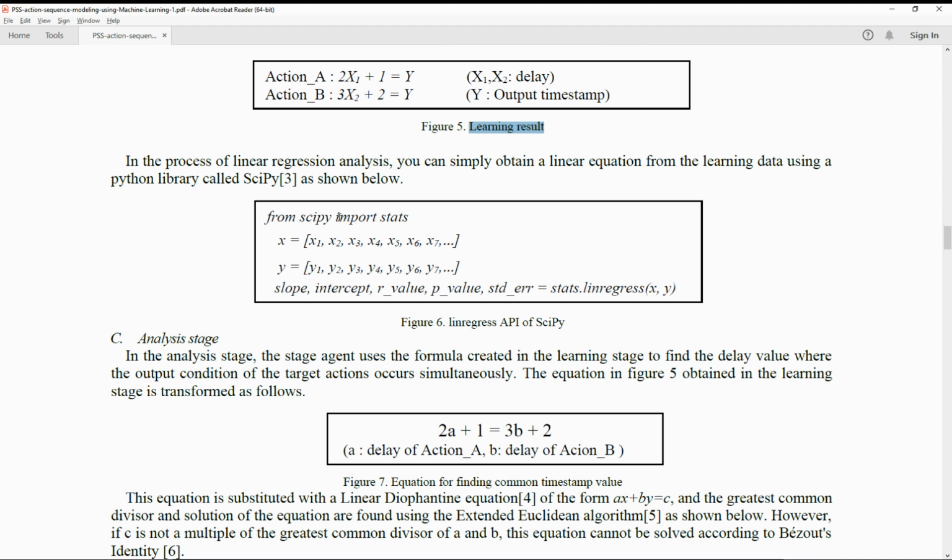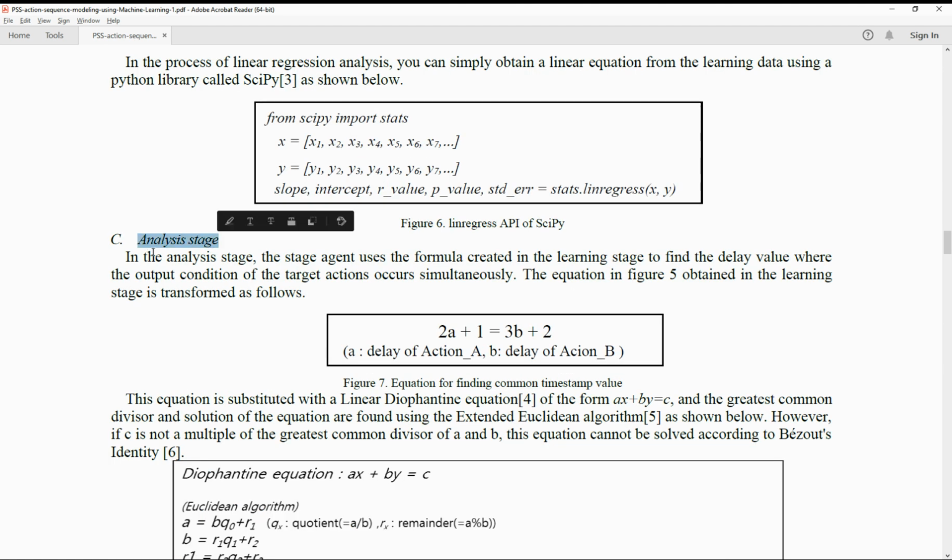From scipy import stats; x is x1, x2 and y is y1; slope, intercept, r_value, p_value, std_err equals stats.linregress(x, y). This is the linregress API of scipy.